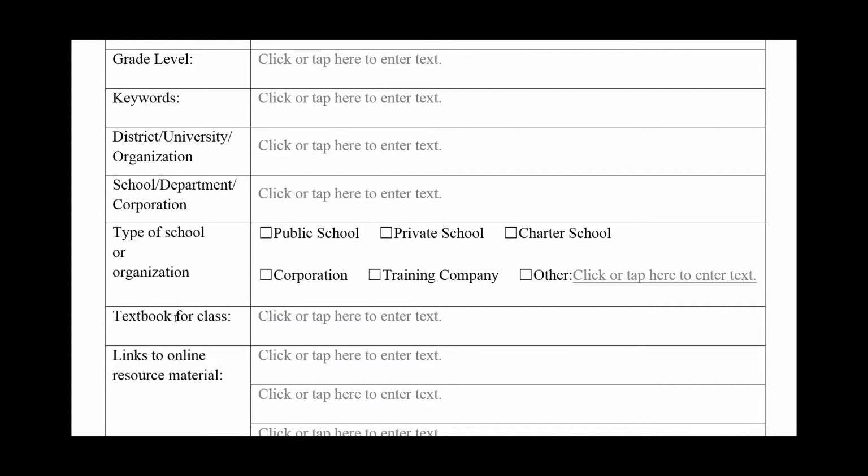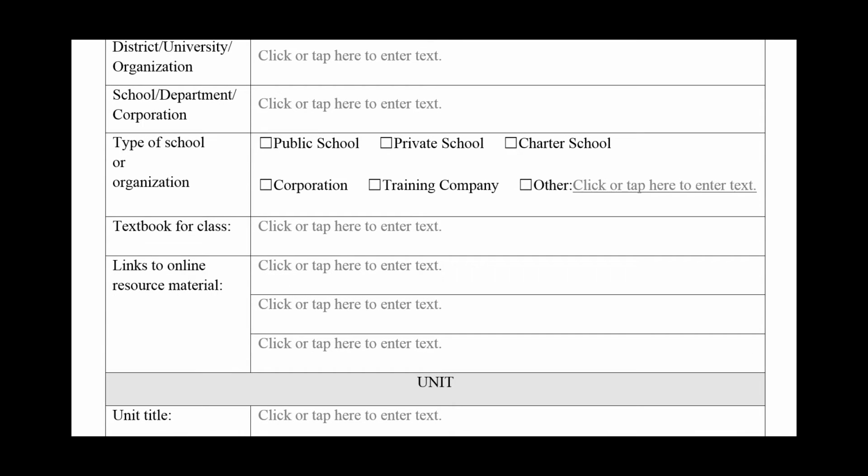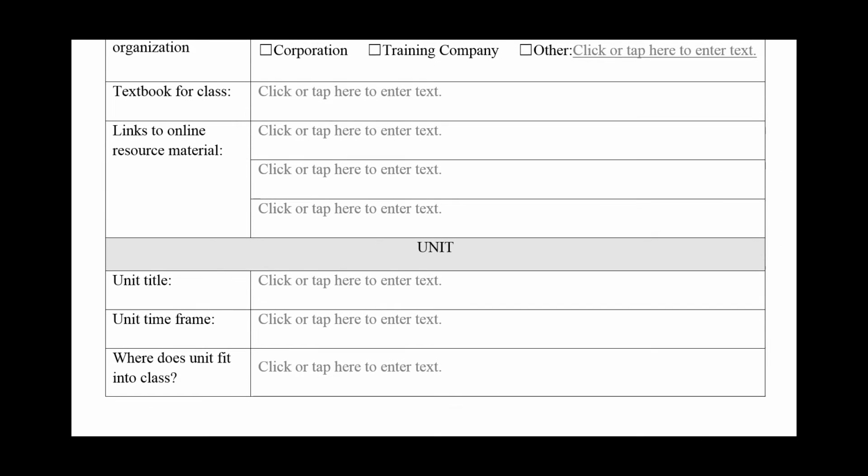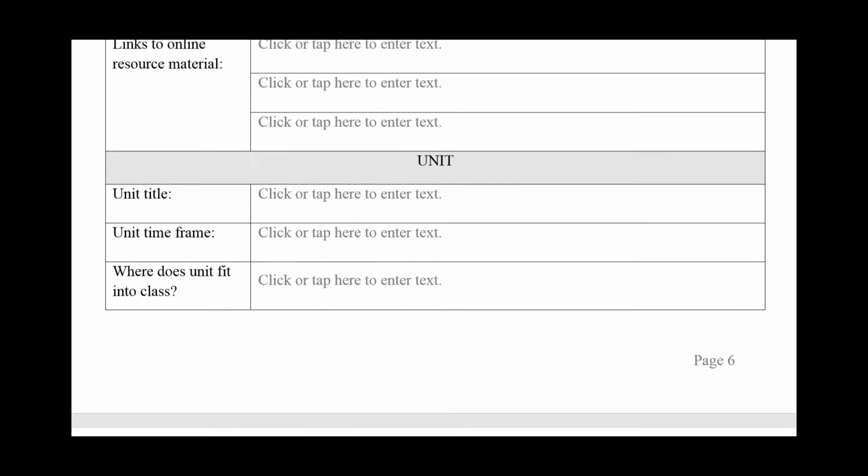Who knows? It depends on exactly the material that you are teaching. Maybe it's not a textbook, but some other resource. If you have some other resource that you're using, then definitely put that there. Same for links to online source material. Maybe you don't have any online source material, and that is okay.